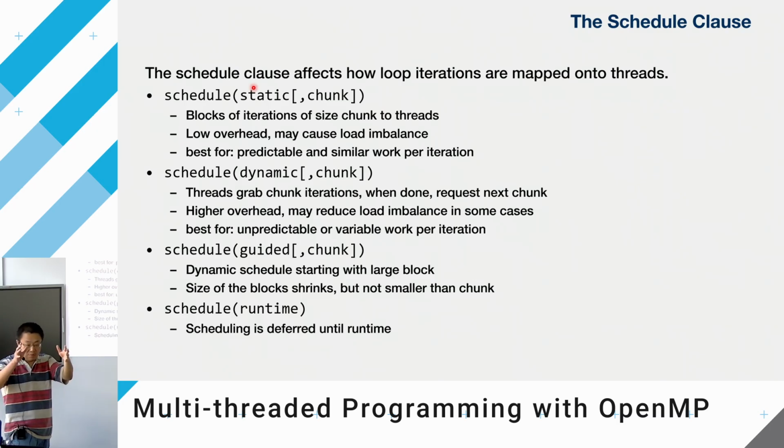This means you have a roughly predetermined size of work for each thread, and they will be scheduled statically, like predefined. And dynamic means there's no predefined workload for each thread, and the runtime takes care of how to schedule those threads. There are also other options. I'm not going to dive into details because of limited time.